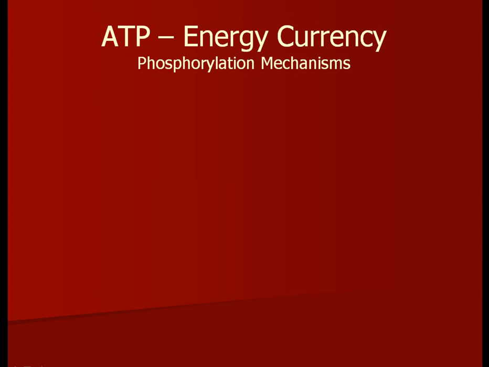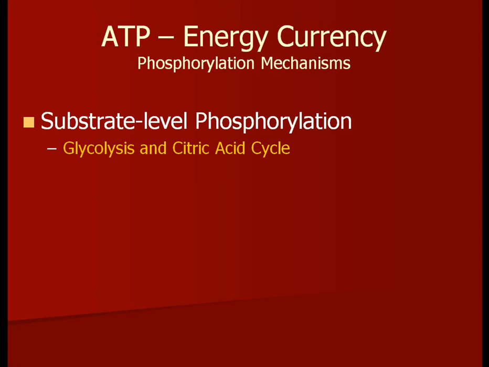One way of producing ATP is through what's called substrate level phosphorylation. In substrate level phosphorylation, we see an ATP being produced from a substrate having a phosphate group attached to it and an ADP molecule. The two enter into an enzyme and come out with a formation of ATP.